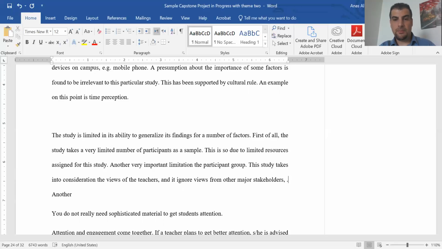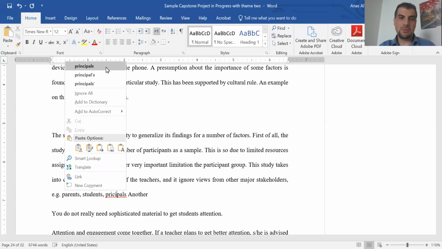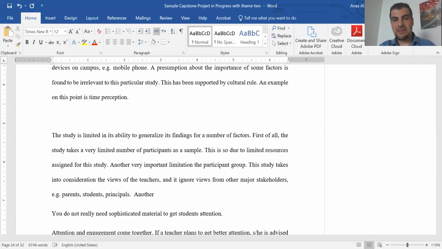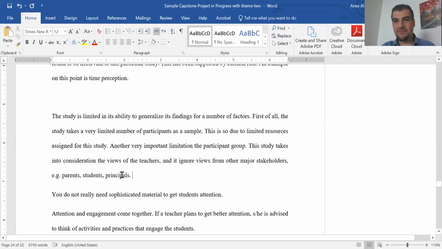For example, parents might have something to say, students themselves, or maybe principals. Of course, these stakeholders will have something to add and make the study maybe more relevant and more valuable. But again, we couldn't take this because of the limitations of this study. It's the limited budget. We did not have time for that. We did not have access to this kind of participant group as well.